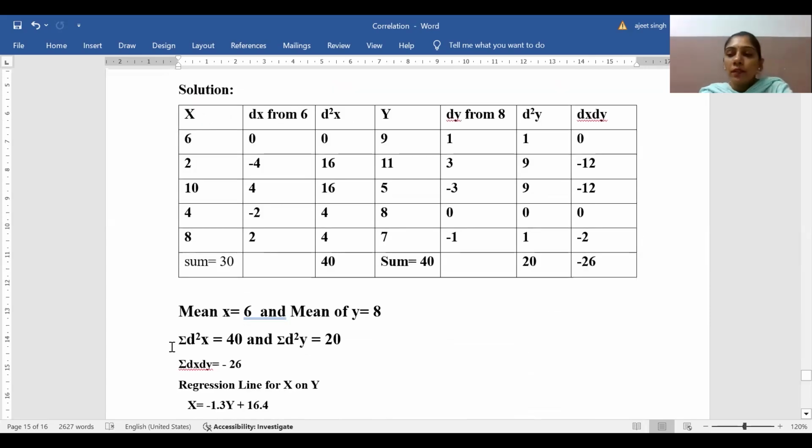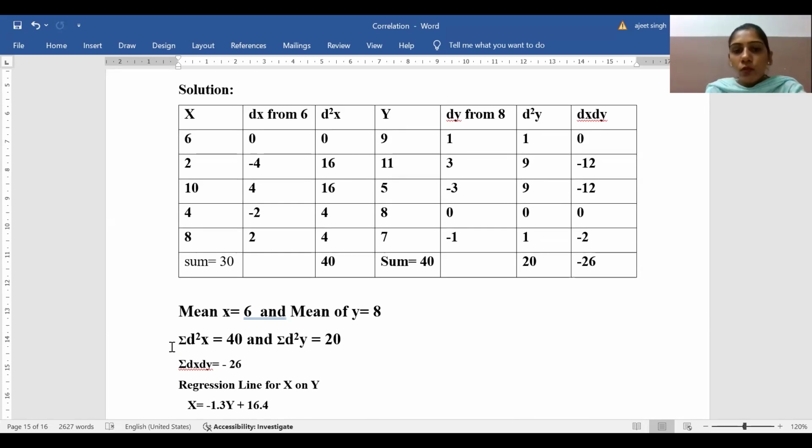So let me rewind these steps. First of all, we have calculated the mean of x and mean of y. With the help of the mean, we have calculated the value of dx, and from dx we have calculated d square x. Similarly, we have calculated dy and d square y. With the help of dx and dy, we have calculated dx dy.